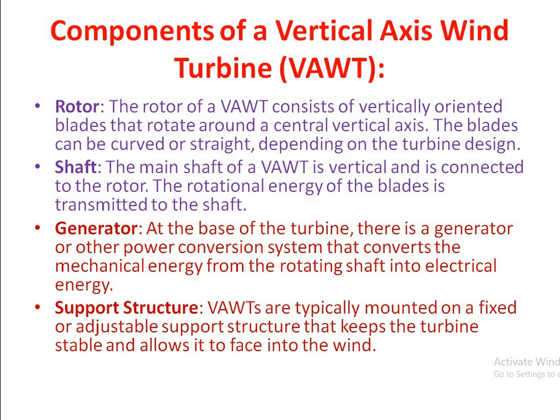At the base of the turbine there is a generator, or you can use another power conversion system that converts the mechanical energy from a rotating shaft into electrical energy. And the last one is the support structure. These vertical axis wind turbines are typically mounted on a fixed or adjustable support structure that keeps the turbine stable and allows it to face into the wind. So these are the components which a vertical axis wind turbine comprises.